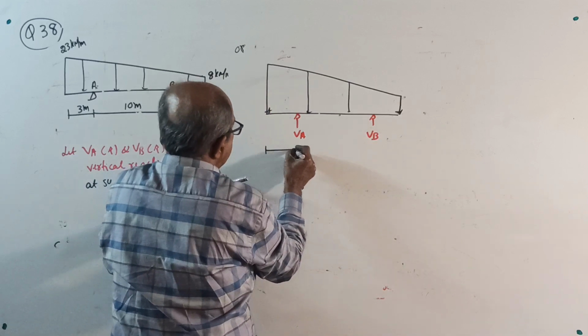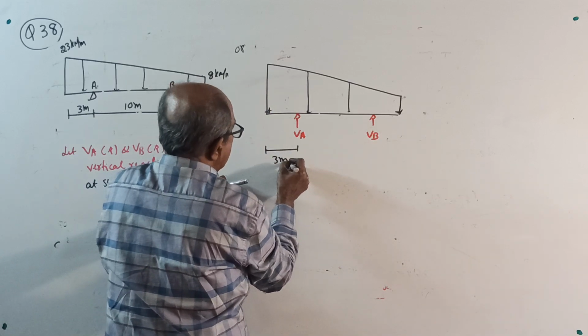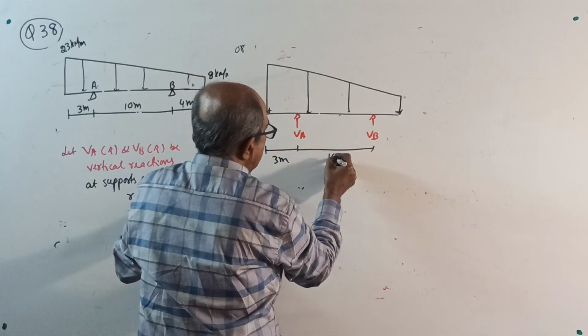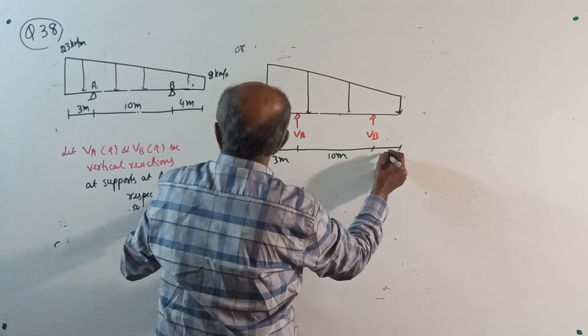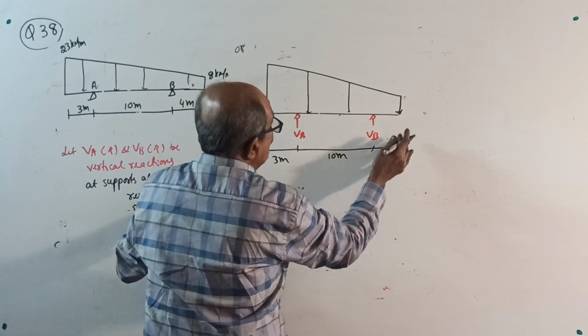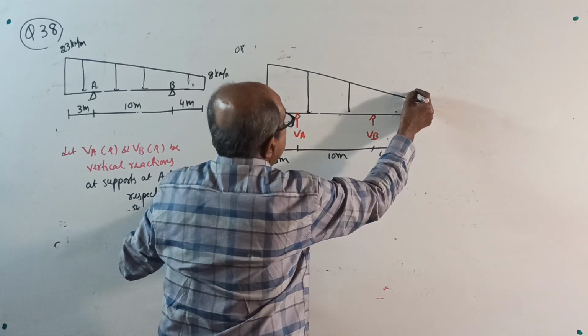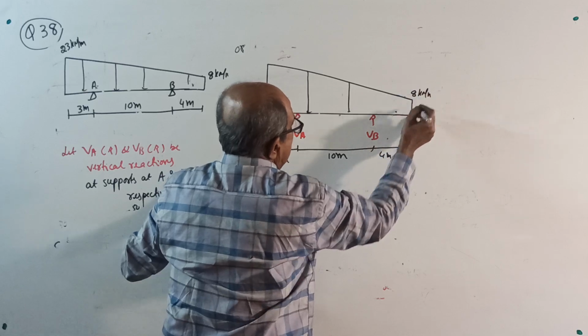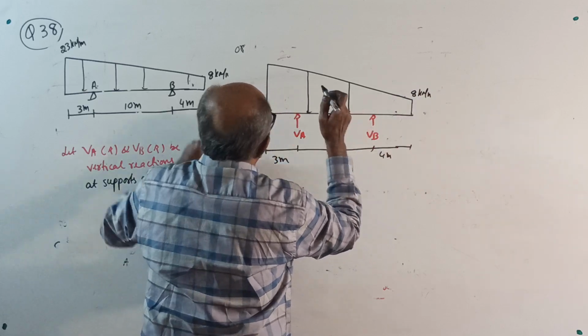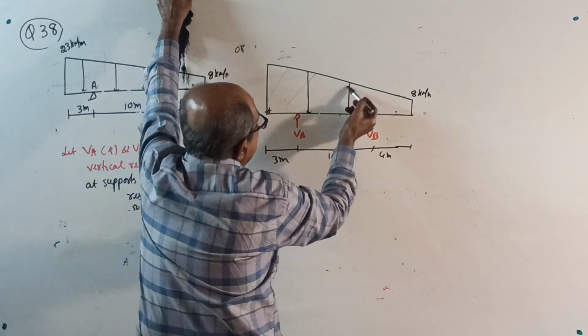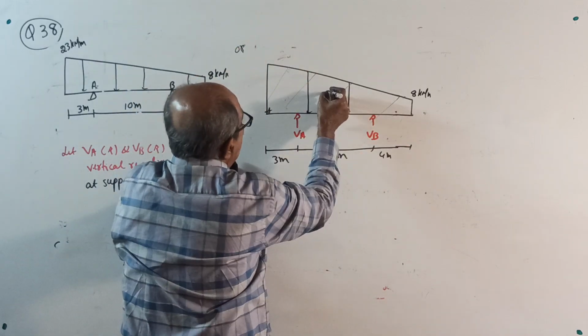This distance is 3 meter. This is 10 meter. This is 4 meter. This one is 8 kN per meter. Now, if you go for the entire trapezium, the total load will act here.